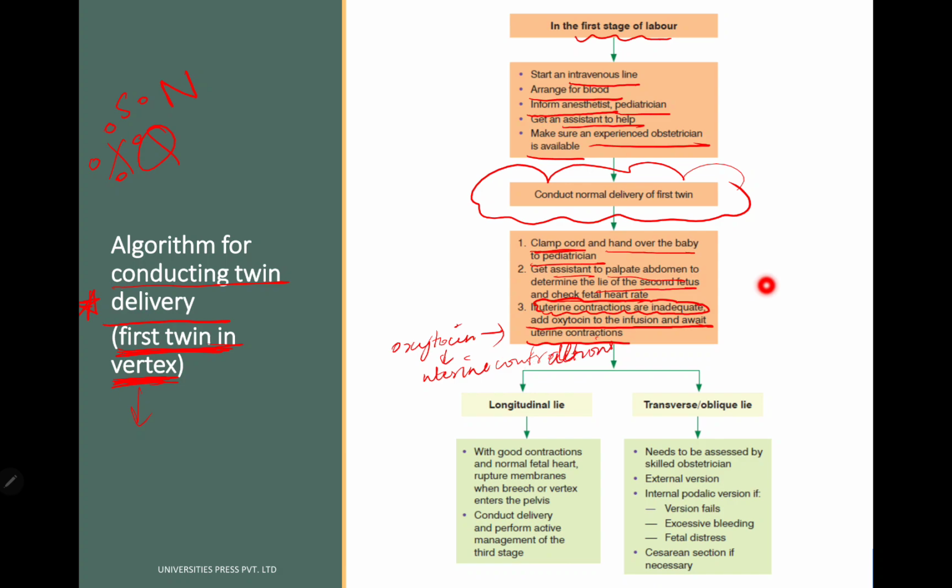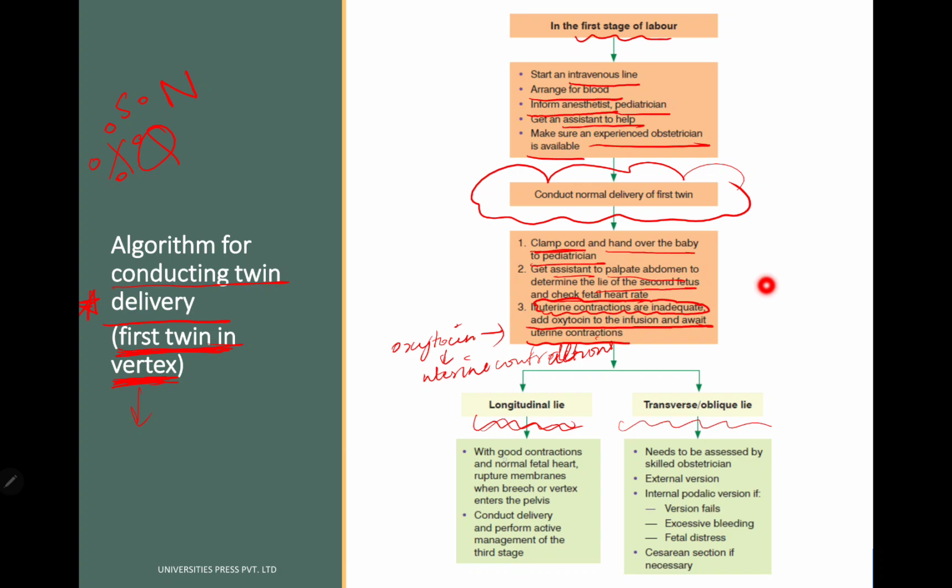Now after inducing uterine contractions, you need to check if the lie is longitudinal, transverse or oblique. So what will you do if it is a longitudinal lie?